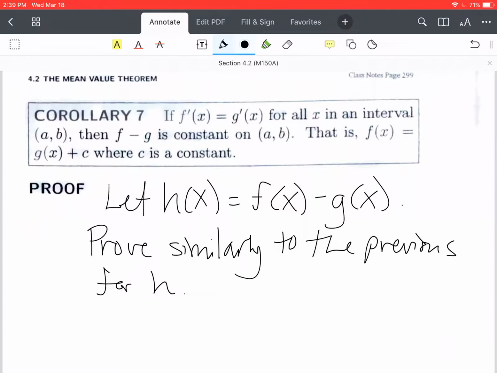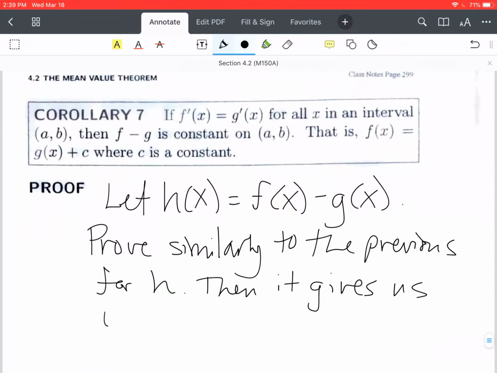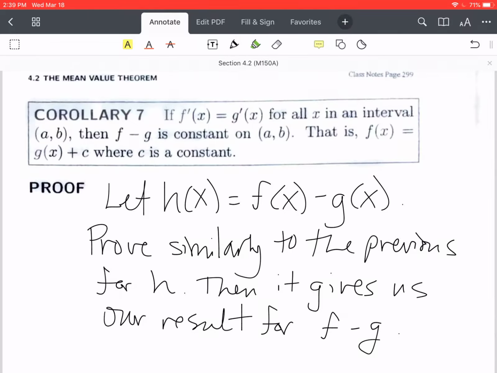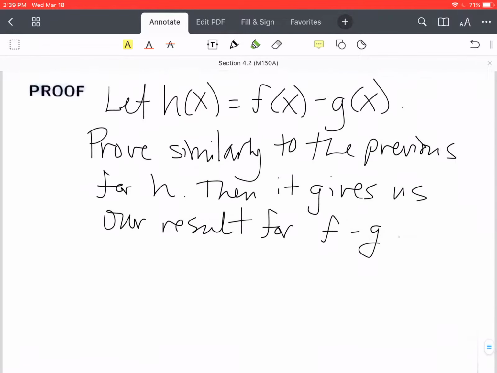So we basically do the same proof that we just did, but on h. Then it gives us our result for f minus g. So we basically do the same thing we just did, but for the difference instead of just a single term, and then it gives us the same result, that we have a constant function on an interval.